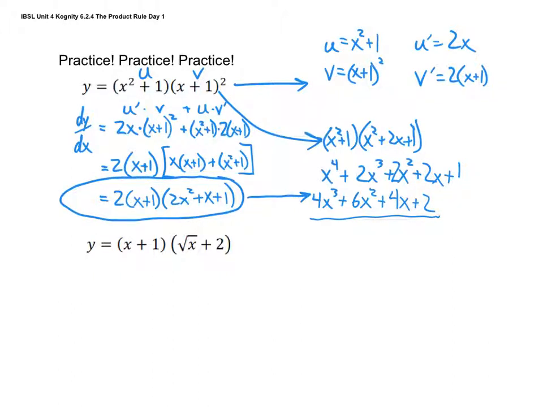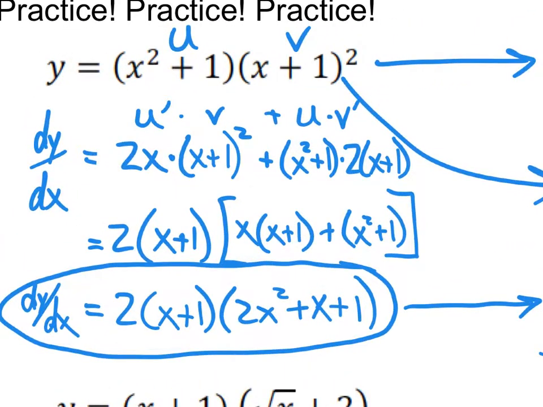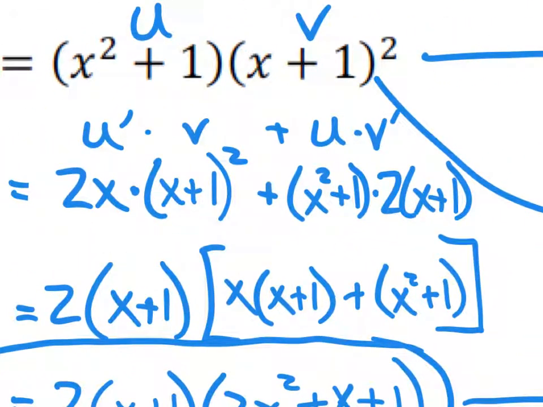I'm still a little confused with how you factored out 2 times x plus 1. Well, if you look at our factors here, when I get to here, I have the plus sign in the middle, so I have two parts to this. Both of these have a 2. It's all multiplied together, right, on the two parts? You can't see that. Let me get a better color to highlight with. Okay.